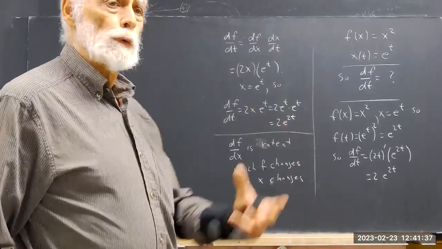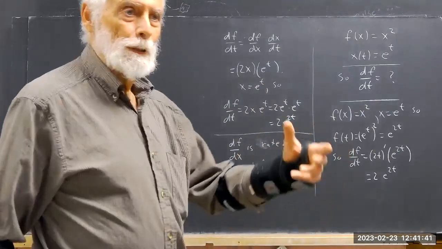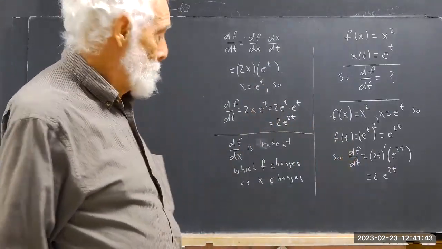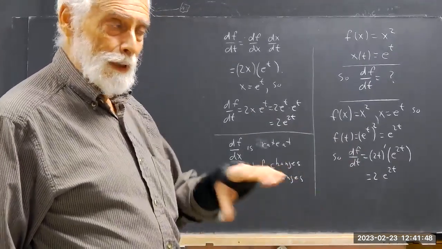Not a totally rigorous statement. It's the rate of change of f with respect to x. Okay. But that's the feel of it. That's the intuitive idea, and it can be made rigorous.